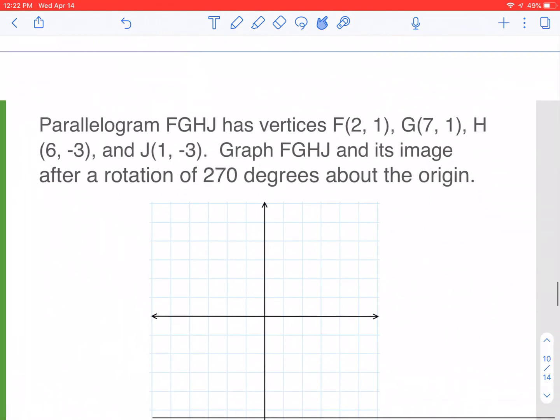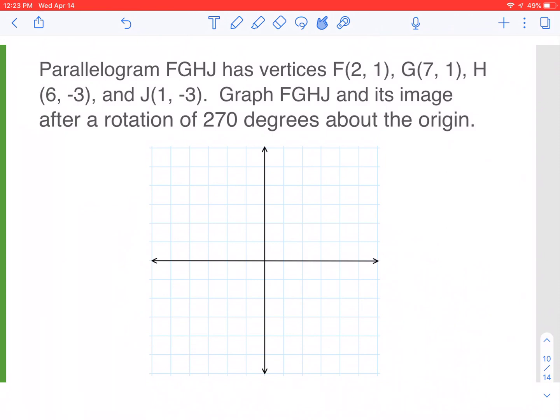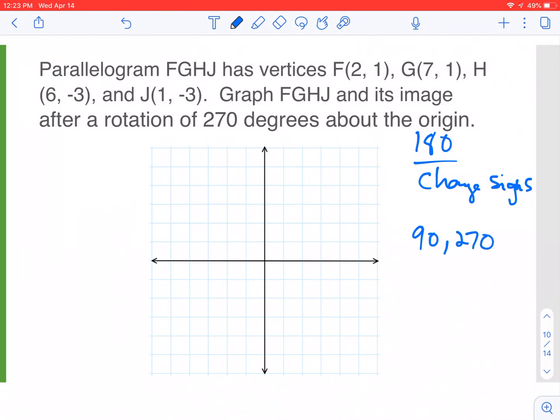Okay, for 270, we also swap and change signs. Okay, so for 180, we just change signs. For 90 and 270, we swap points and then we change signs.